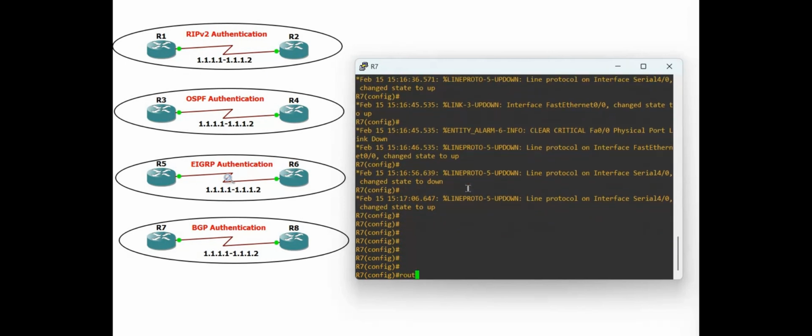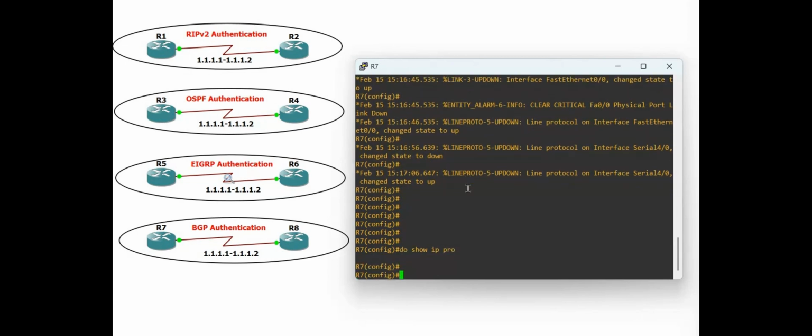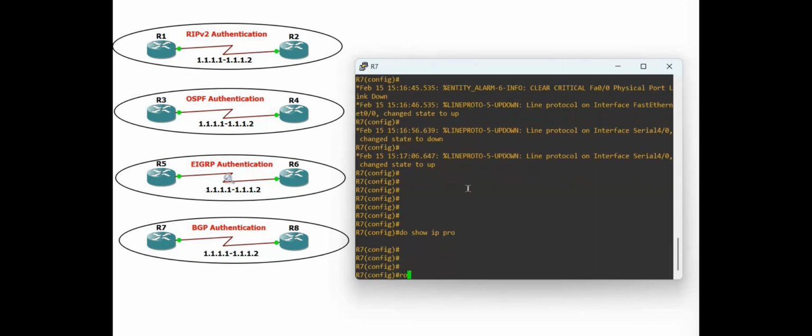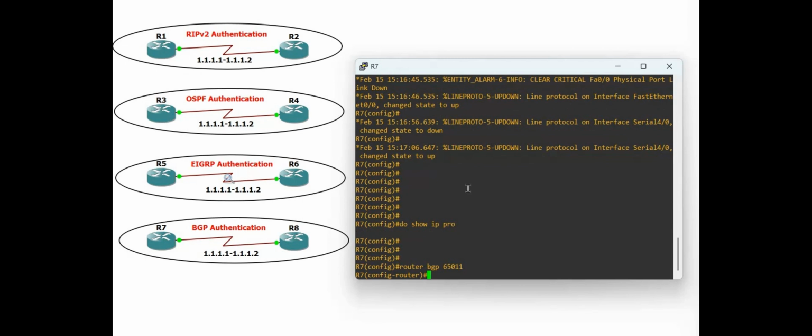So let me show you, do show IP protocol. Now router BGP AS is 65011. The neighbor is 1.1.1.2 and the remote AS is an iBGP, so the remote AS is also 65011.